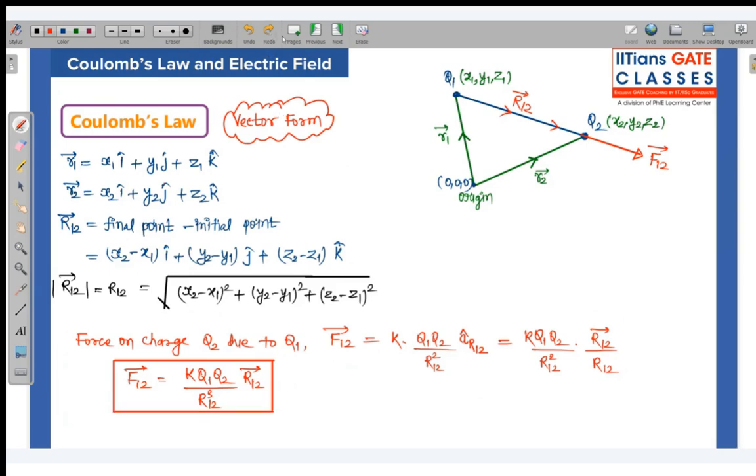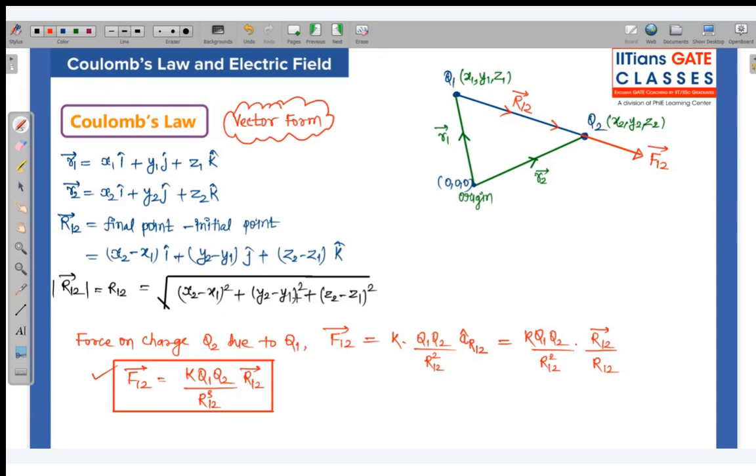So the F12, meaning the force exerted on the charge Q2 due to Q1, will be given by this expression.